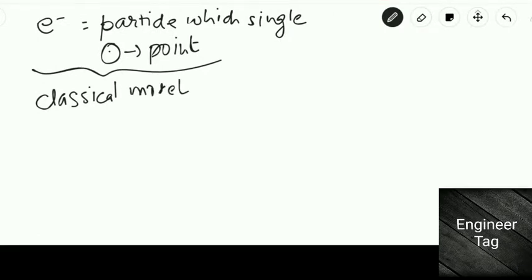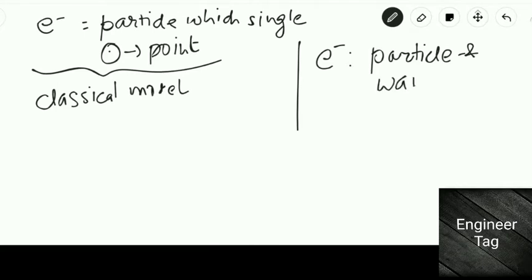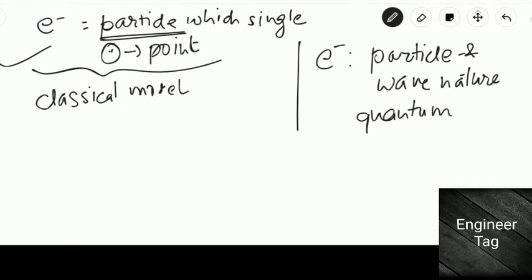But quantum mechanically we discuss that electron has particle nature as well as wave nature. It possesses both particle and wave nature. But in classical, we have discussed only the particle nature. We consider only the particle nature of electron. But in quantum mechanics, we discuss its particle as well as wave nature.